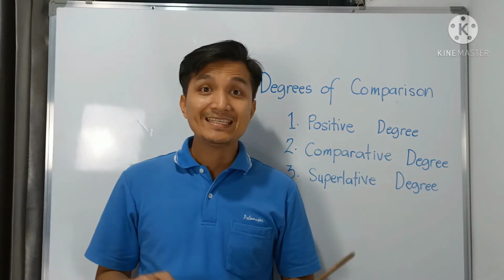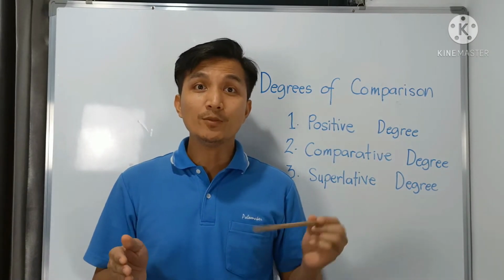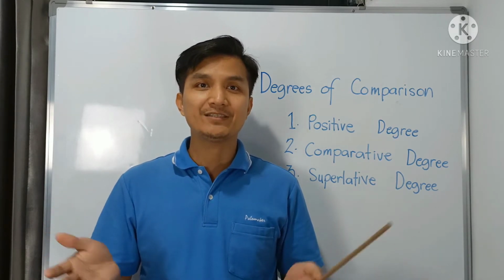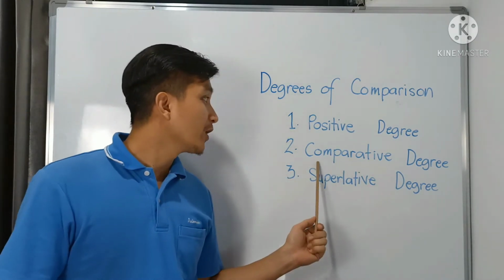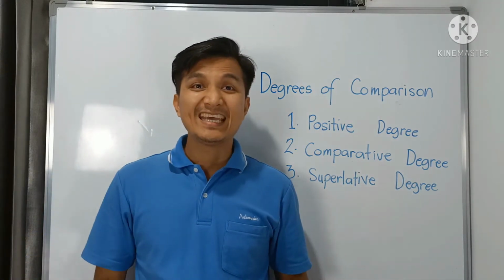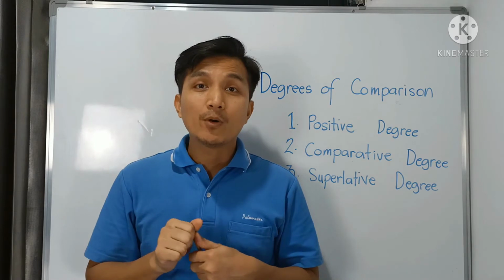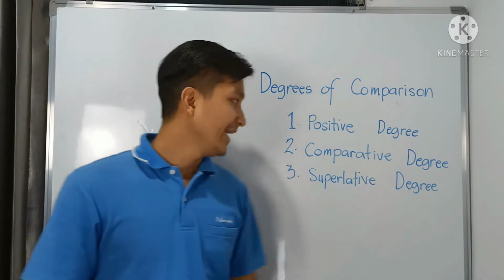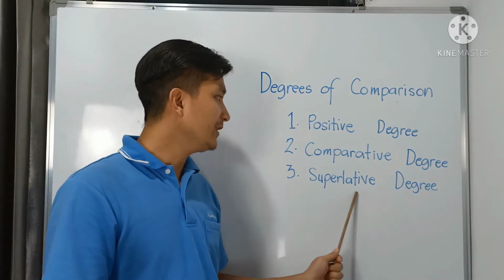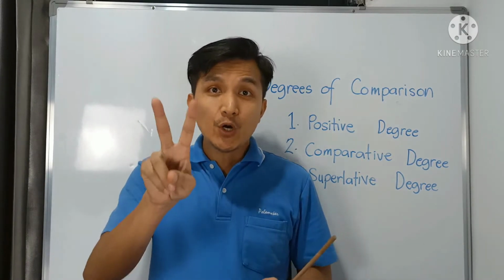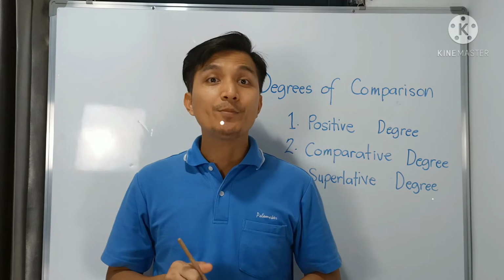Positive degree is used to refer to one object, person, or place without making any comparison, while comparative degree is used to compare two objects, people, or places. And the last one, the superlative degree, is used to compare more than two objects, people, or places.